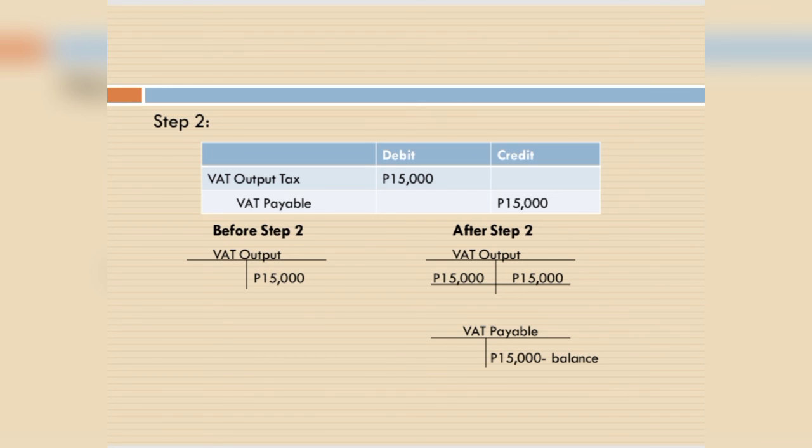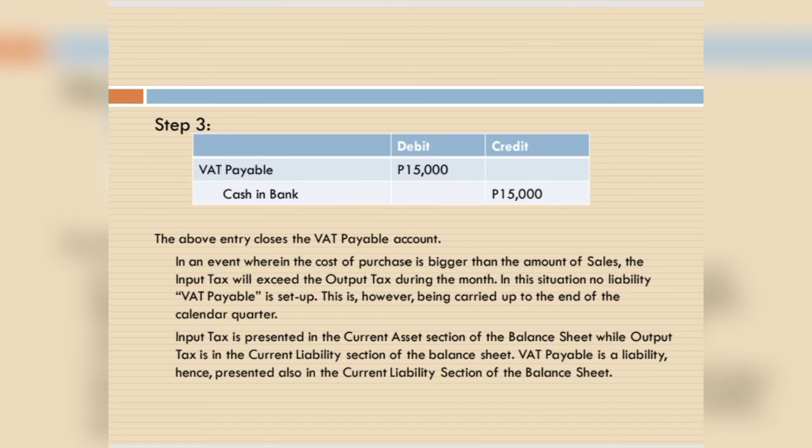Then after posting the journal entry in step 2, the output tax is 0, while the value added tax payable shows a credit balance of 15,000 pesos, which sets up our liability as shown below. And the last step, step 3, is prepared upon remittance of the value added tax payable to the Bureau of Internal Revenue. The above entry closes the value added tax payable account.